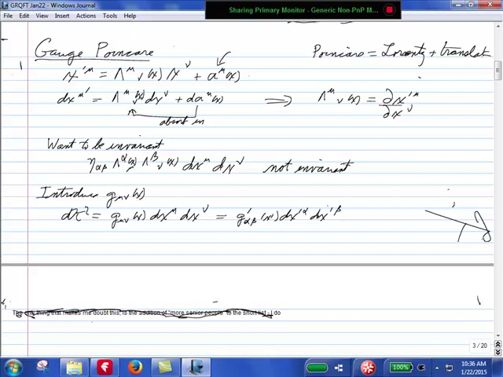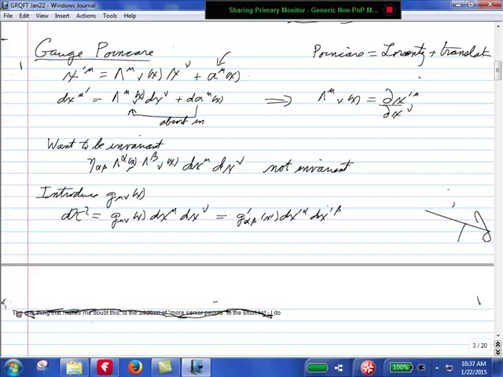You can show by doing the transformations that this is an invariant, but if you want a reasonable homework exercise here, just do an infinitesimal exercise. You take x prime mu is x mu plus some epsilon mu of x, where this guy is infinitesimal.